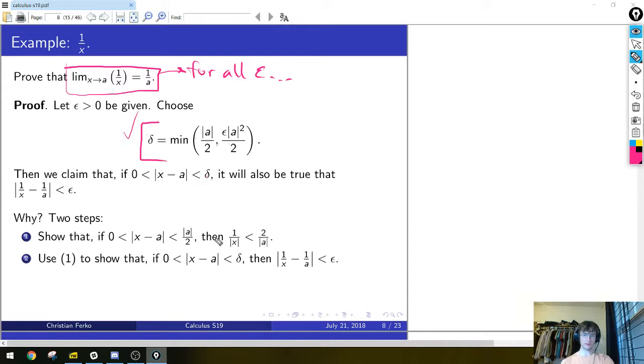So the first step is to use that assumption to prove a nice inequality, and the second is to use that same assumption to prove that the difference of interest is less than epsilon. So I'll do those in the next 2 slides, but thoughts on the structure or the plan so far?